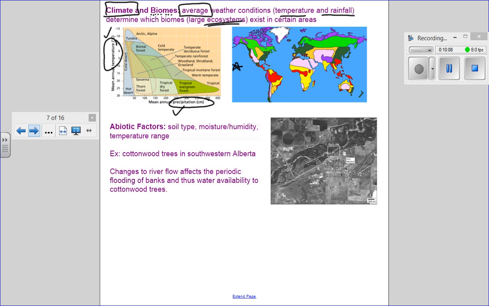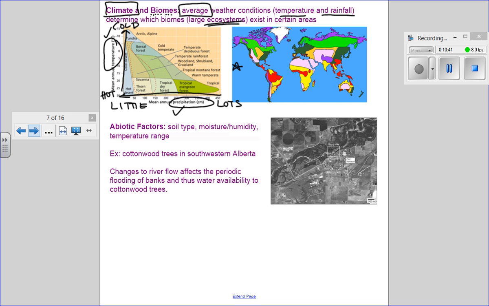And so the lack of them would be a limiting factor. So this is where we have lots of precipitation, and this is where we have little. So the closer we get to the part with little precipitation, the more limiting it becomes. When we're talking about temperature, it's actually cold up at the top and hot at the bottom. So the closer we get to cold, the more limiting it usually becomes.